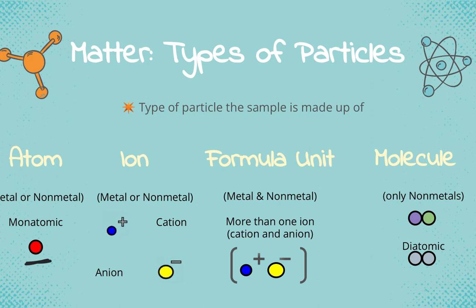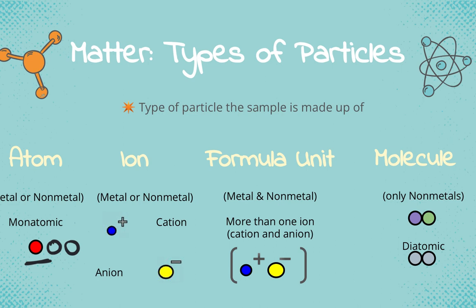If I were to draw another, let's say, copper atom right next to this one, they would not be bonded. They would just be free-floating atoms, and those would be considered monatomic atoms. And they can be, again, metals, nonmetals, or metalloids.